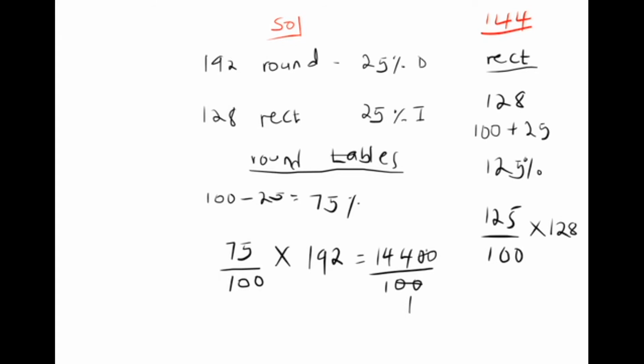From there we can simplify. 125 times 128, it will give us 16,000. We shall have 16,000 over 100. Then we can simplify. This 0 will cancel with this 0. Therefore, we get 160. So the rectangular tables were 160.